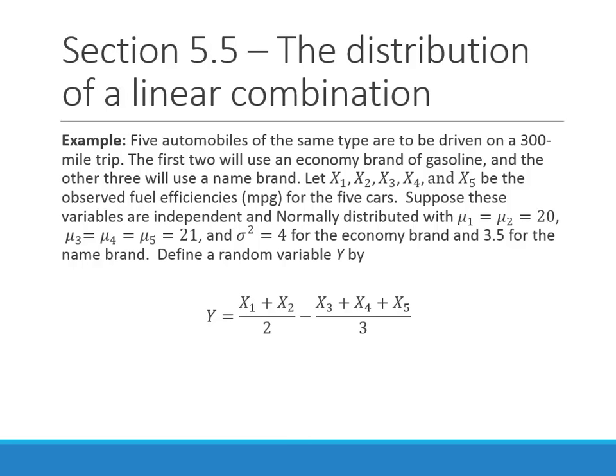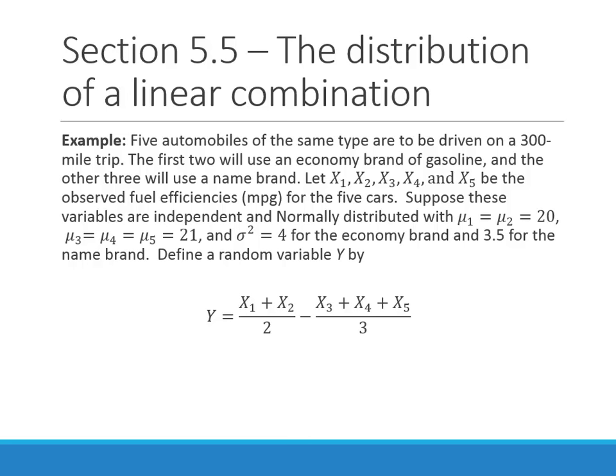That's not a necessary part of the example, but just to note what we're talking about. Okay, so a question we can ask now: what is the probability that y is less than 2?